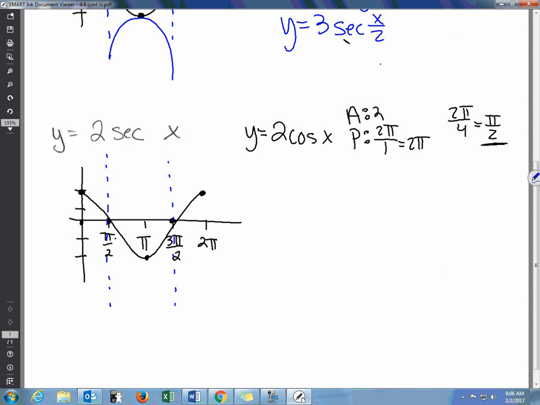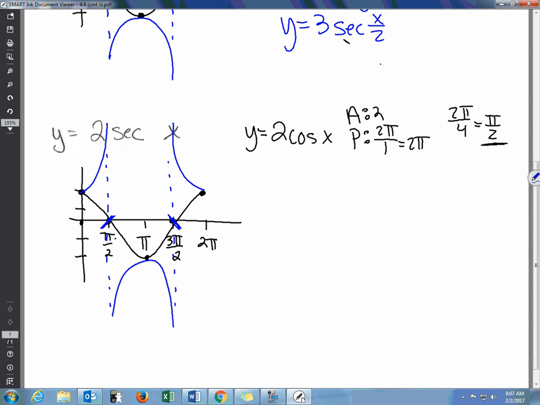Remember, those are the points where you're going to cut your graph. Once you cut that graph, you flip the black line, you reflect it. So this part gets reflected up, this part gets reflected down, and this part gets reflected up.